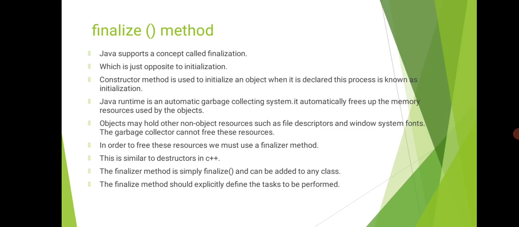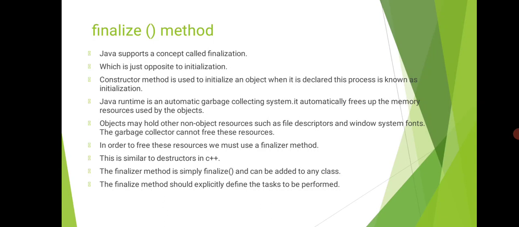We already learnt this. The finalize method is equivalent to the destructor function which is present in C++. This is similar to the destructor function in C++, okay? Java runtime is an automatic garbage collecting system. It automatically frees up the memory resources used by the object, right?